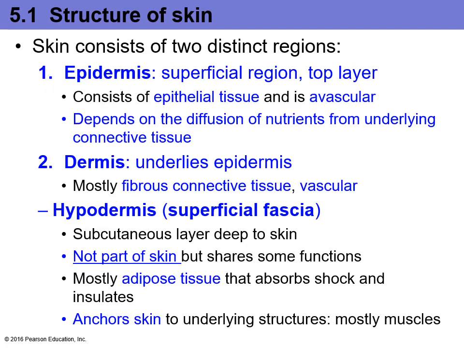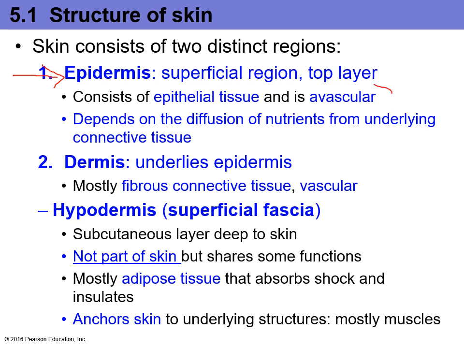Now, taking a look at the skin, what we see is that we have two distinctive regions that make up our skin. The top layer shouldn't be a surprise to anyone, and that is called the epidermis, and it is filled with stratified squamous epithelium. This is the most superficial region, and as you may recall, one of the characteristics of epithelium tissue is the fact that it is avascular.